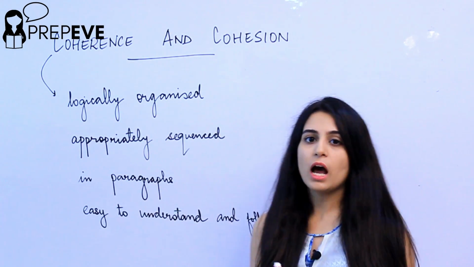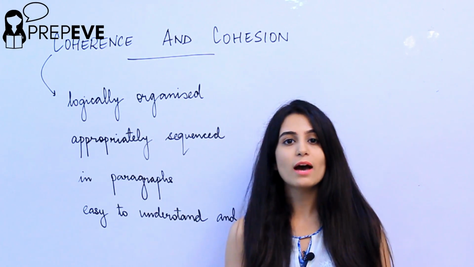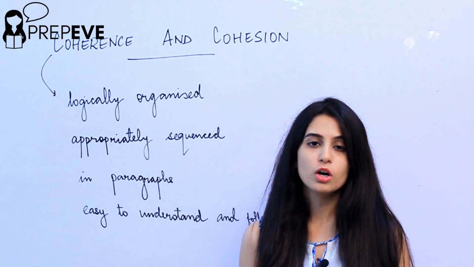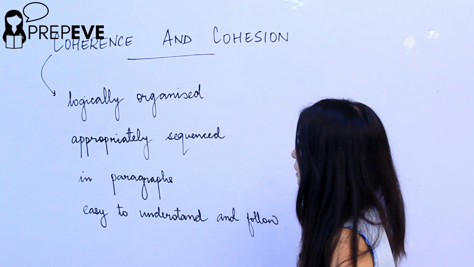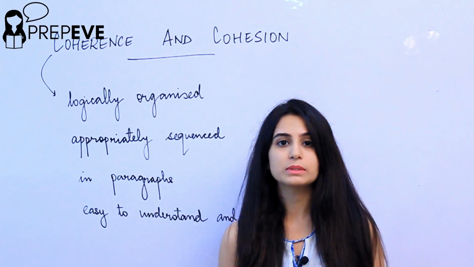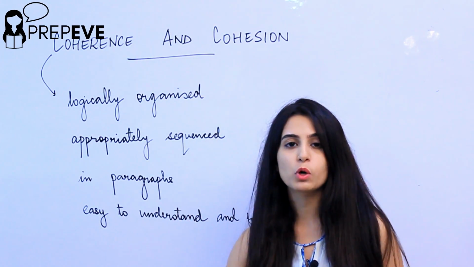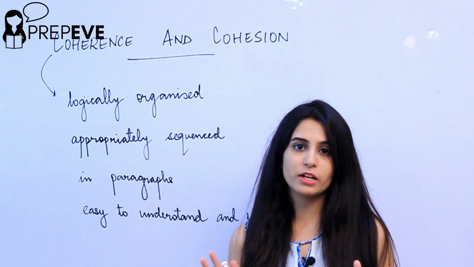Now, in our task response with every kind of directive and question, we have also discussed the structure, or how we create the coherence when it comes to that particular kind of question. So today's lecture is not going to blow your mind because we have already discussed it. We will just review it in a generic manner.